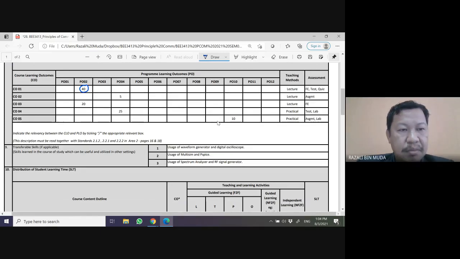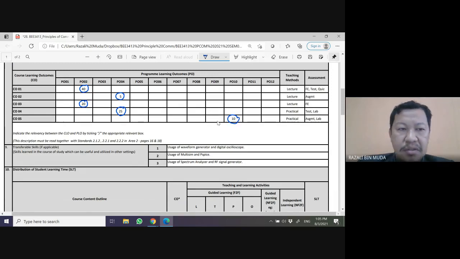Course outcome number 2 is mapped into program outcome number 4, 5 marks. Course outcome number 3 is mapped into program outcome number 2, 20 marks, and course outcome number 4 is also mapped into program outcome number 4 for 25 marks. And the last, course outcome number 5, is mapped into program outcome number 10.